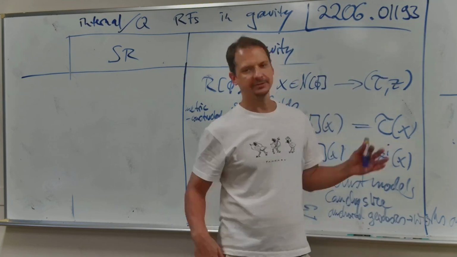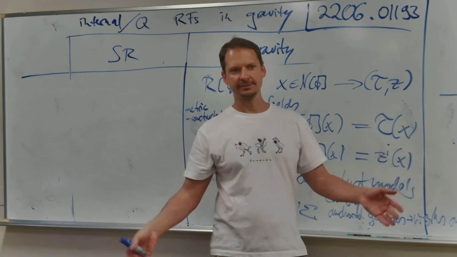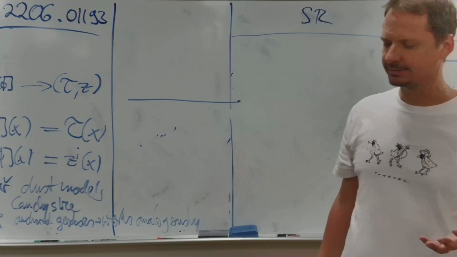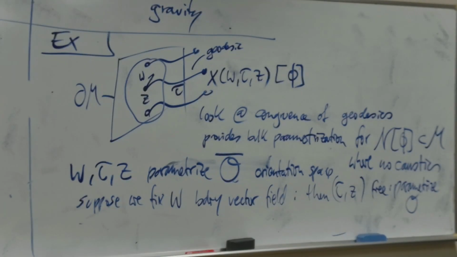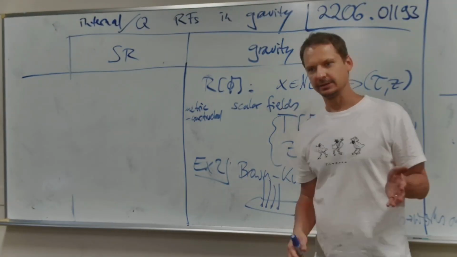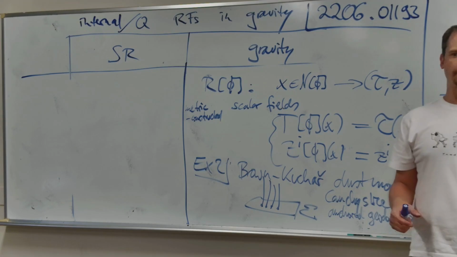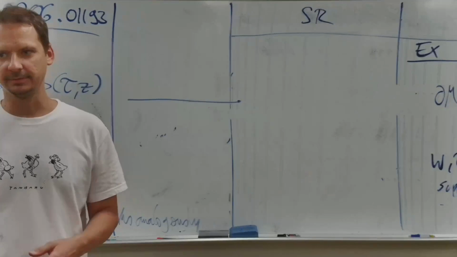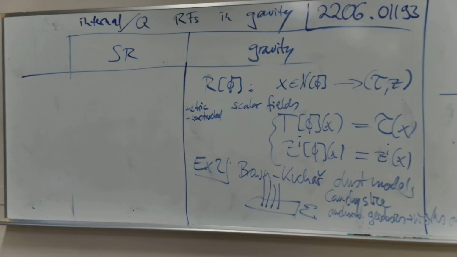Some of the construction you can do at a kinematical level, but at the end of the day, of course, you do it on shell. That's what we care about. Because, especially in the covariant phase space, gauge symmetries are on shell, not off shell. Oh, okay, I see. Hamiltonian and diffeomorphism constraints are secondary, so you need to have the correct equations of motion. I see. And do you have a quantum version of this argument? Yeah, at some level, yes. At a formal level, yes.